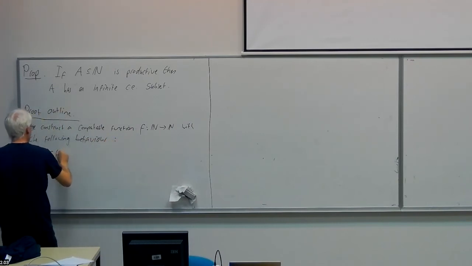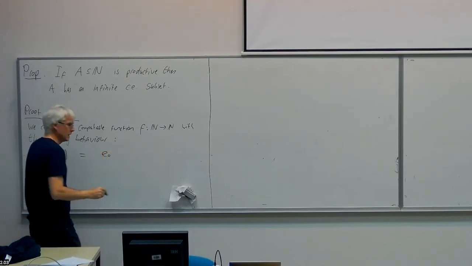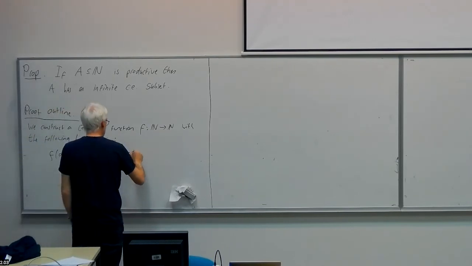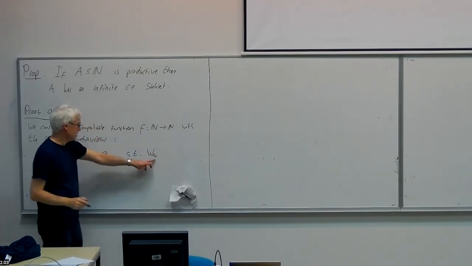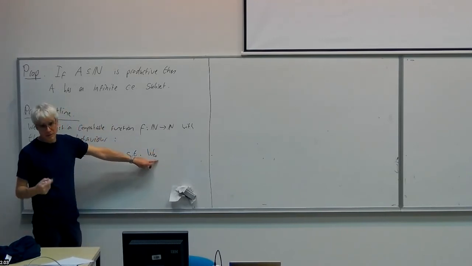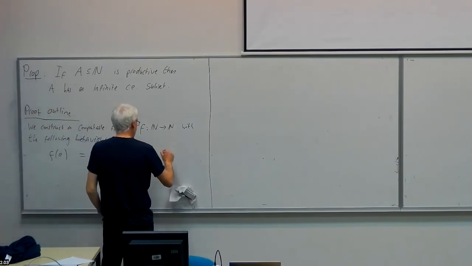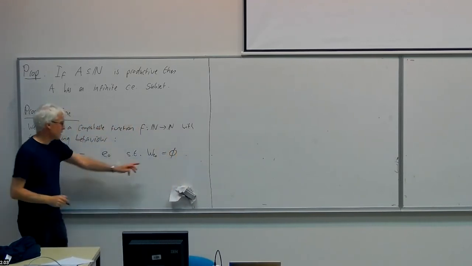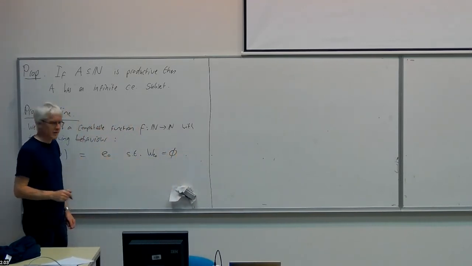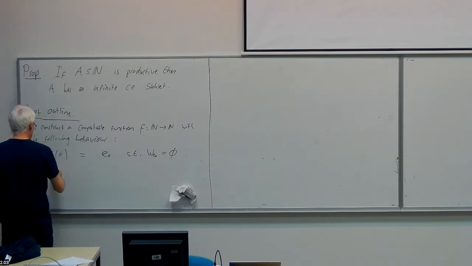So f of 0 is some number e0 such that the e0 index computably enumerable set is the empty set. So in other words, it's some index for the everywhere undefined function. So it enjoys the property that f of 0 is like this.